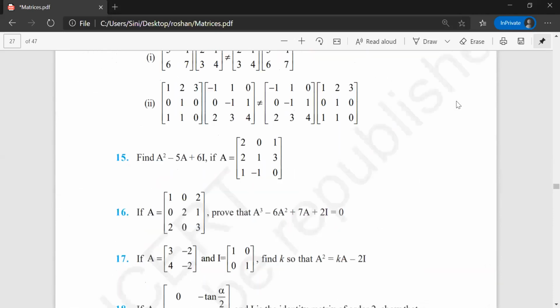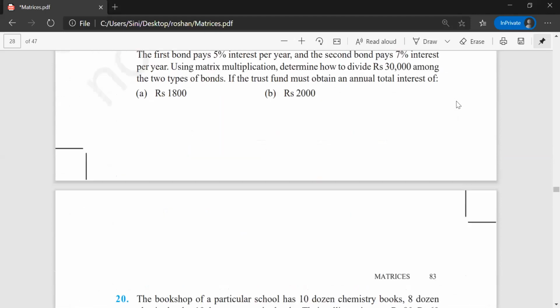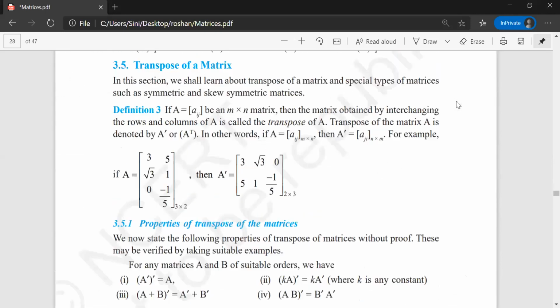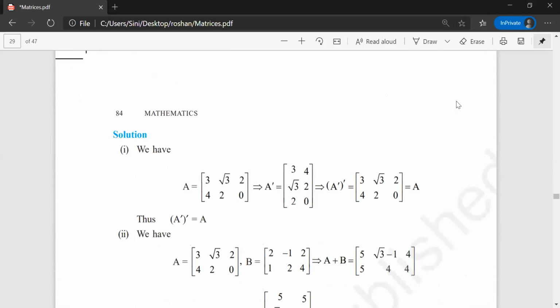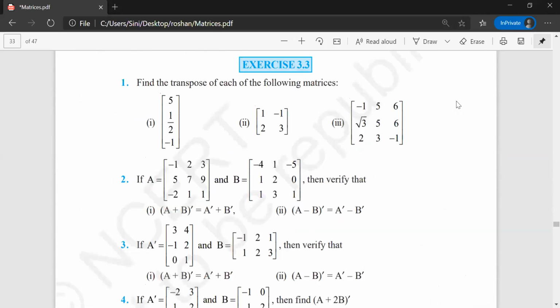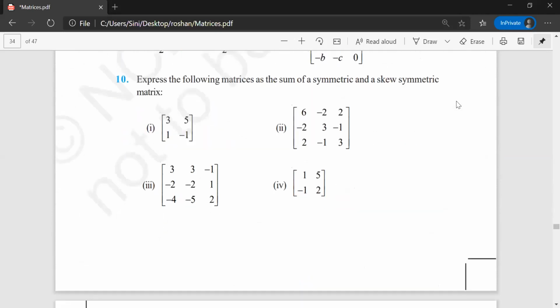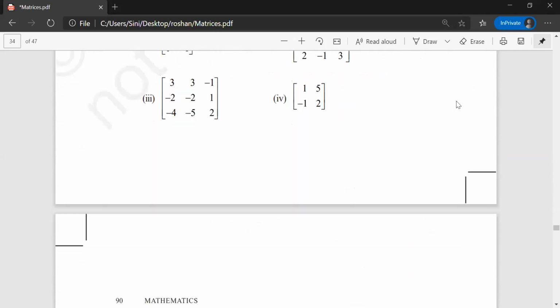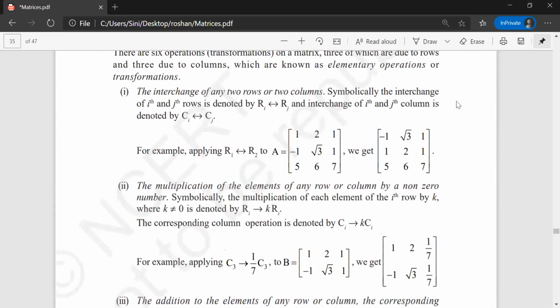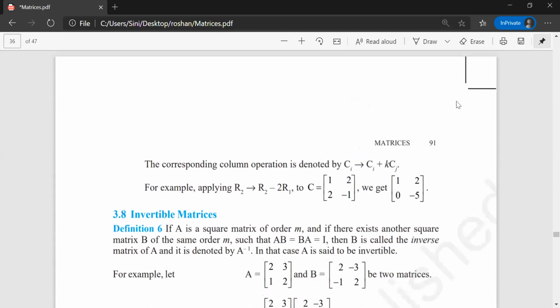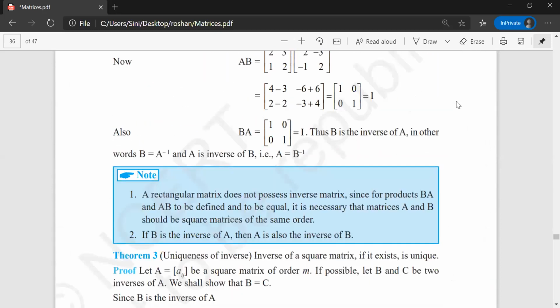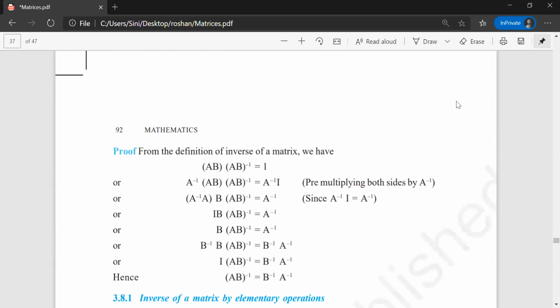So row column transformation or elementary transformation. That is one thing which I'm actually focusing on. Okay, I'm going to take it first because that is the most important in today's session. Take that. Let us take one problem.